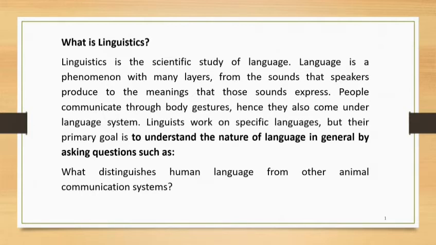Linguists work on specific languages, but their primary goal is to understand the nature of language in general by asking questions such as: what distinguishes human language from other animal communication systems? It's not that only human beings communicate. Even animals communicate among themselves.